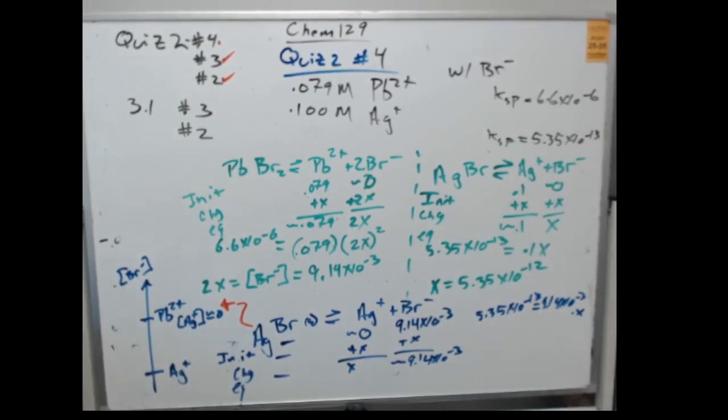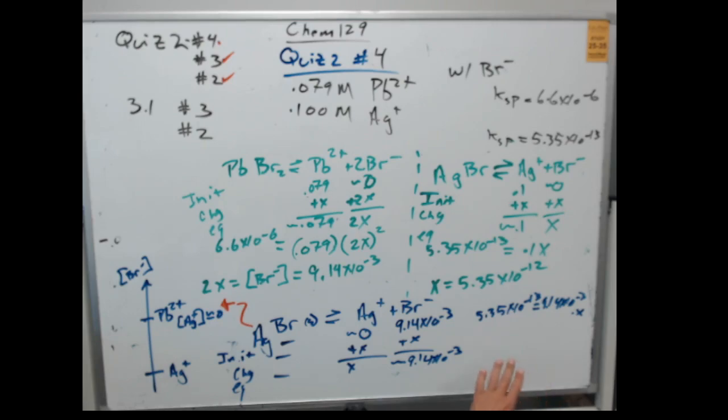The math here is just divide the correct two numbers by each other. That's it for the math. The concepts and the thinking of what's going on here are all the important stuff, and making sure you don't miss your decimal points like I just did. Divided by 9.14 times 10 to the minus 3: 5.88 times 10 to the minus 11.